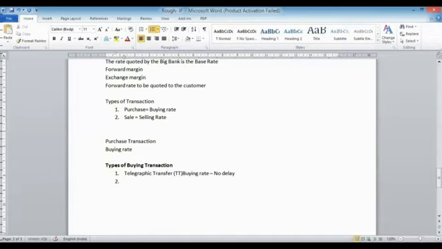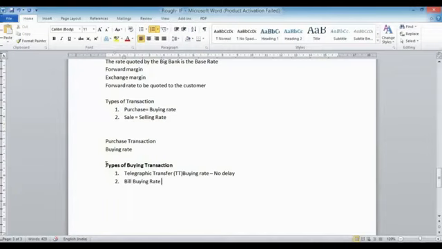And where there is some delay of a week, a month, or two months, those transactions will be called bill transactions, and the bill buying rate will be given.